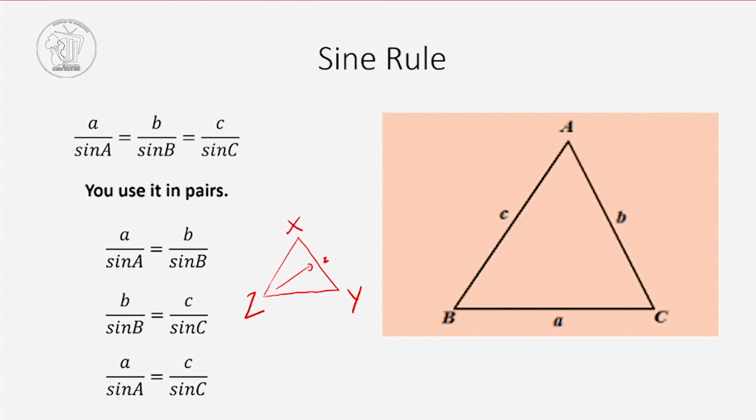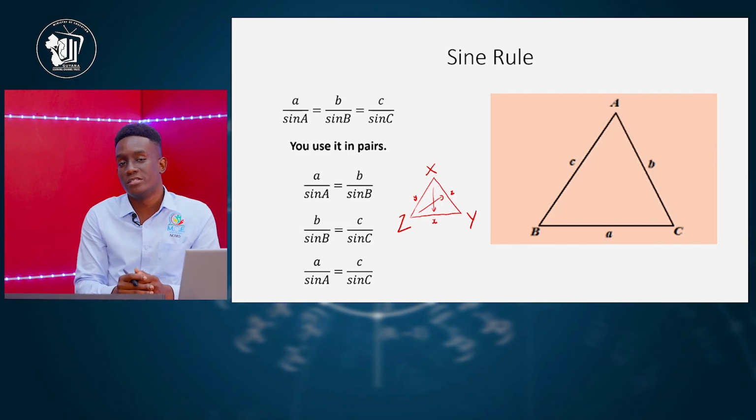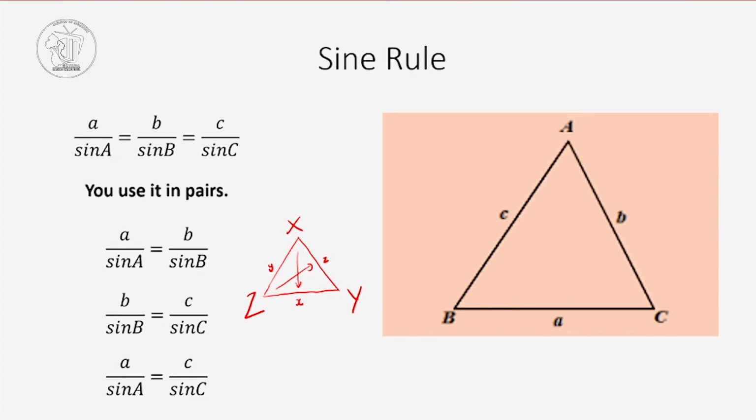The side opposite Y would be small y. And the side opposite X would be small x. And that is how you label when we want to use the trig rules or any other related topics. The side is given the small letter of the angle opposite it.